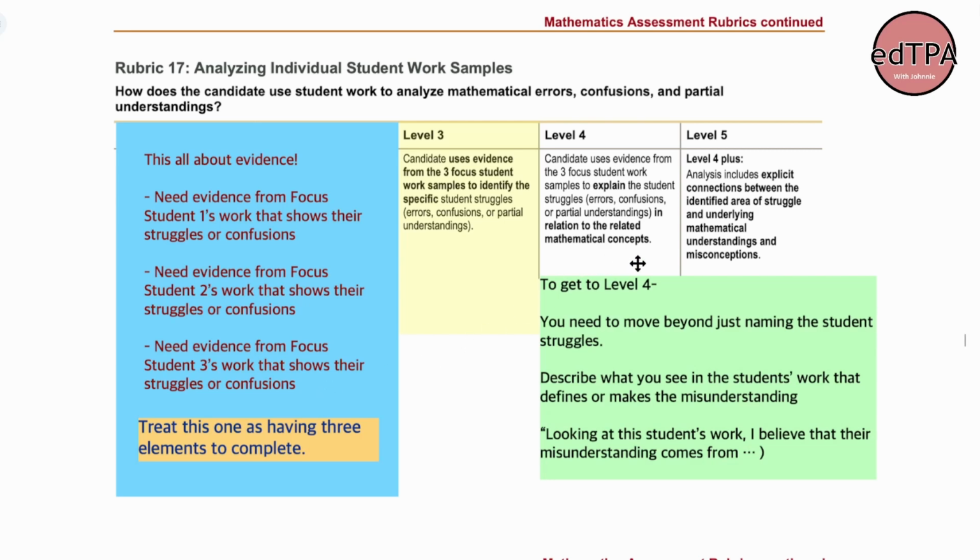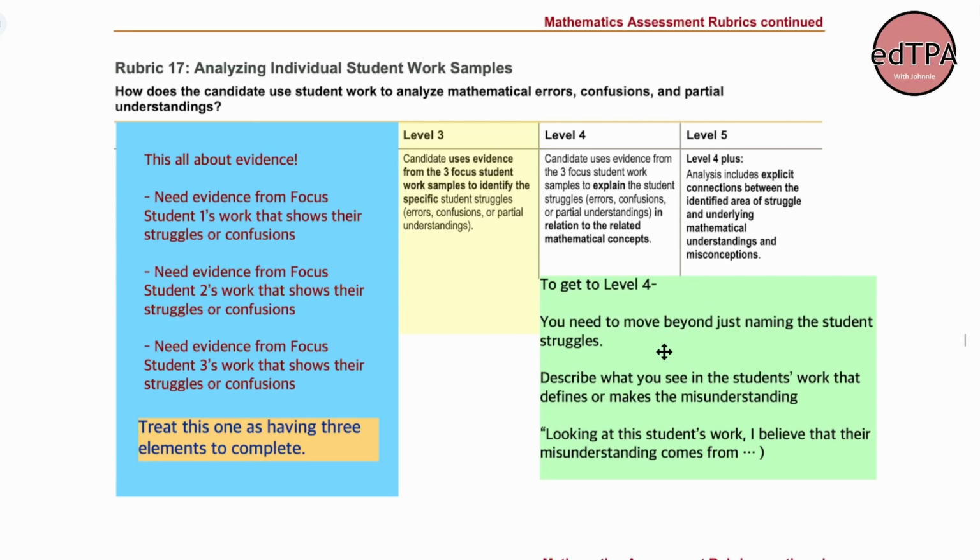To move to level 4, candidate uses evidence from the 3 focus student work samples to explain the student struggles, errors, confusions, or partial understandings in relation to the related mathematical concepts. Okay, so this is about finding evidence to identify the struggles. This is about explaining their struggles.